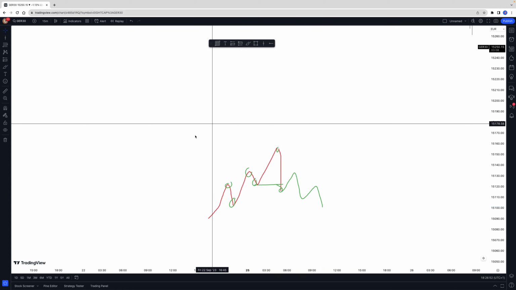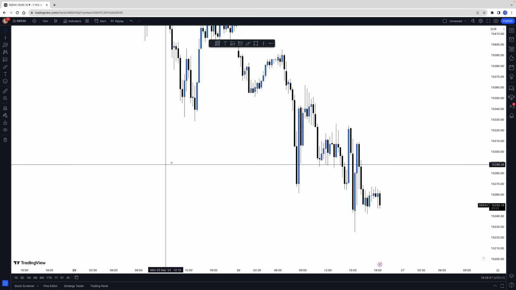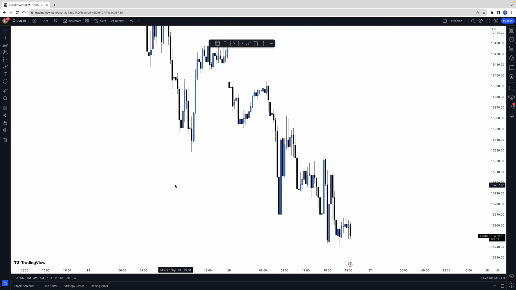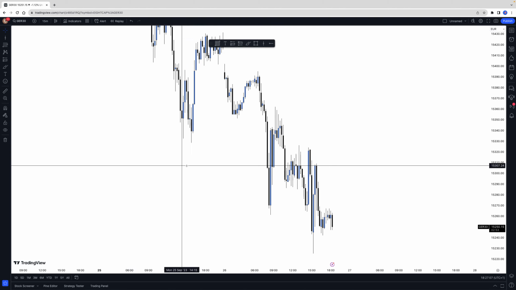And if you watched the last video, you would know how to determine where a high is and where a low is. Again, remember, for a high, it's one up candle and then a down candle, and for a low, it's one down candle and then an up candle.